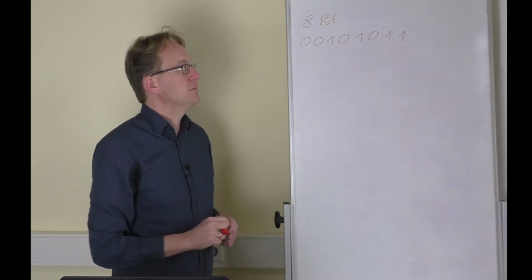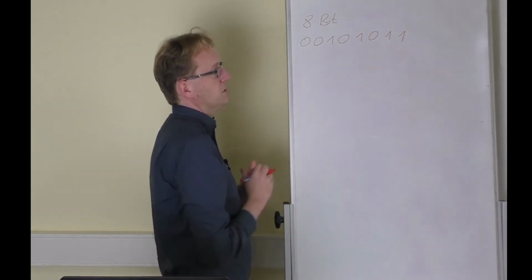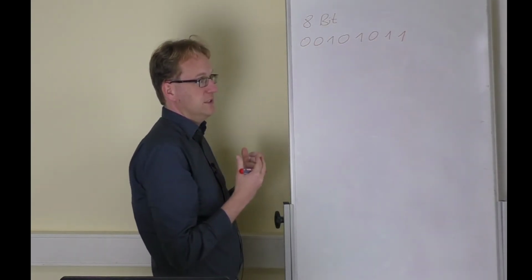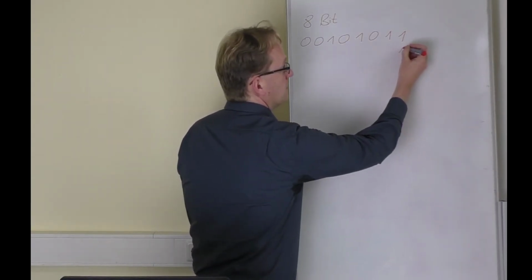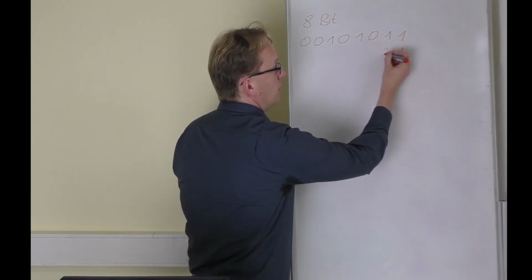And binary number means, well, if you want to convert that into a decimal number, this one has value 1, this has value 2.